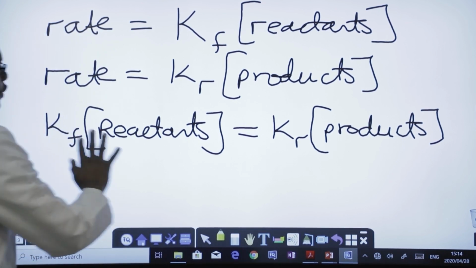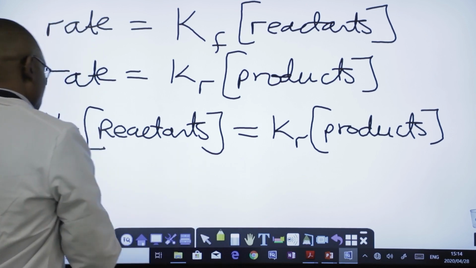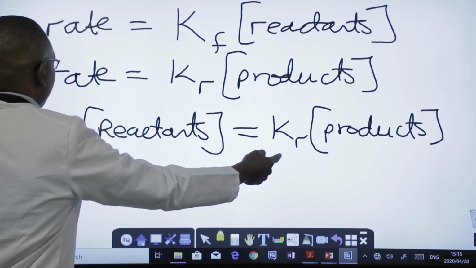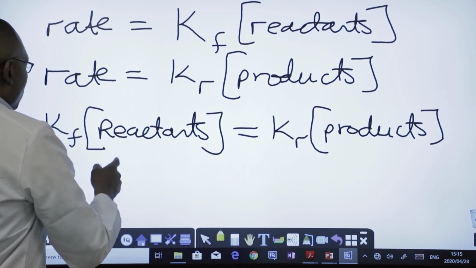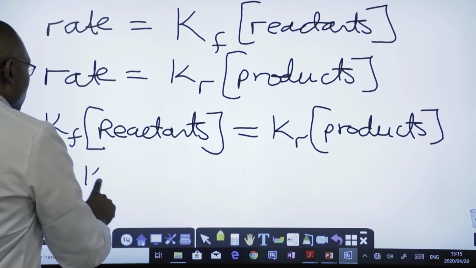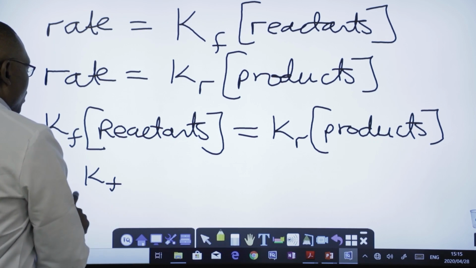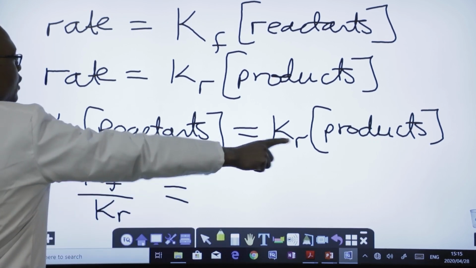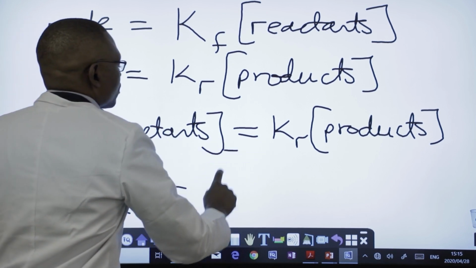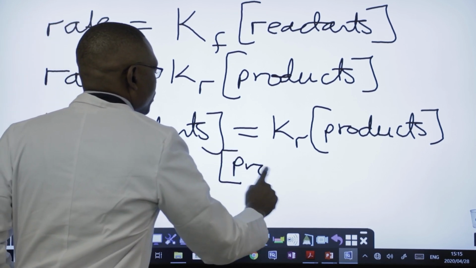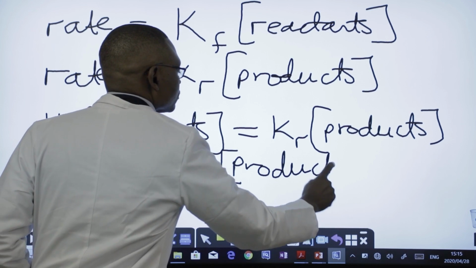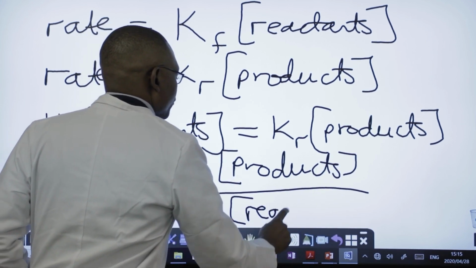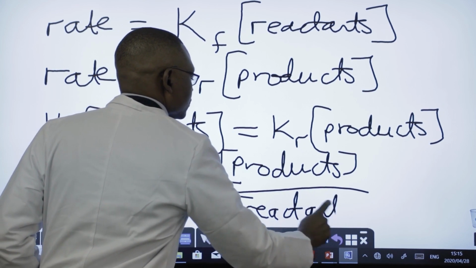We are going to say if this is equal to that, it means if I bring Kr to this side, it's going to be Kf over Kr is equal to, if I take this to that side, the concentration of products over the concentration of reactants.